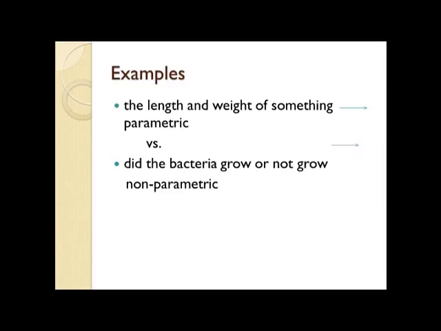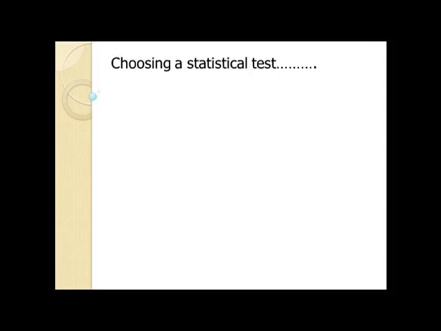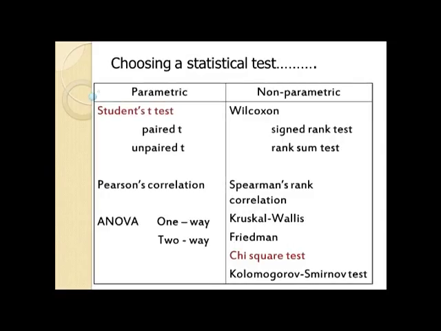Now the next slide which we are going to see shows you a few names of parametric and non-parametric tests. As I said earlier, there are several tests which are available, but which one to use all depends on certain factors which I have shown you earlier. Before you go on to looking at the examples, one practical example we can look at: if you have measured the length and weight of something which will have a unit, you can apply parametric tests.